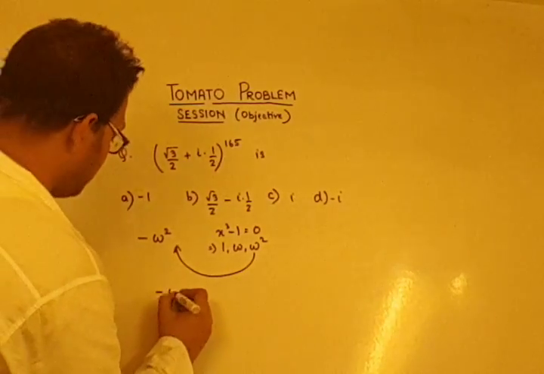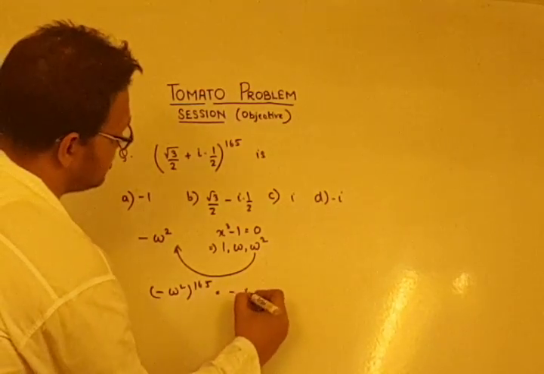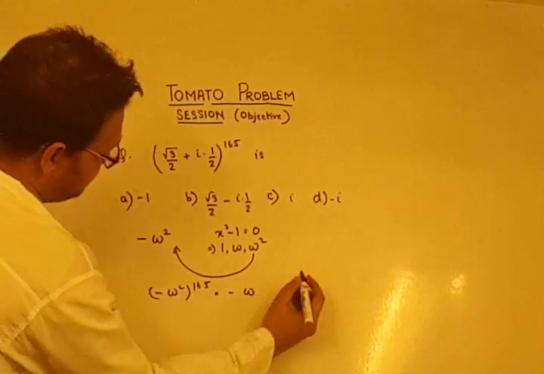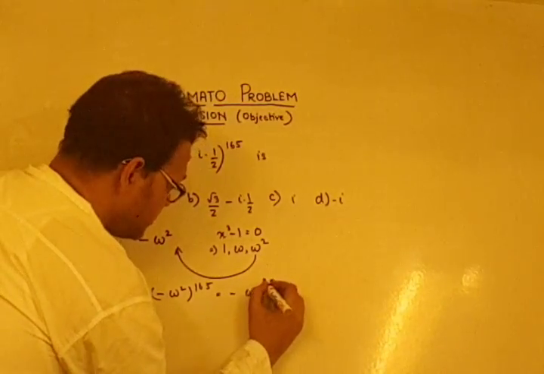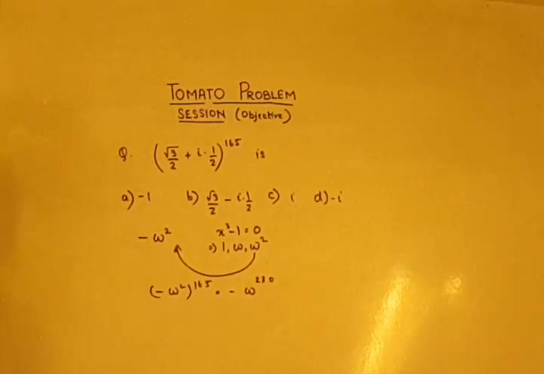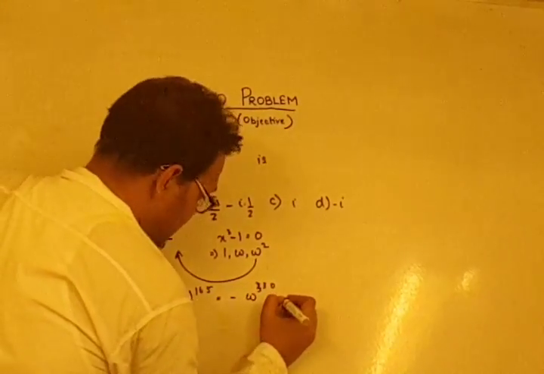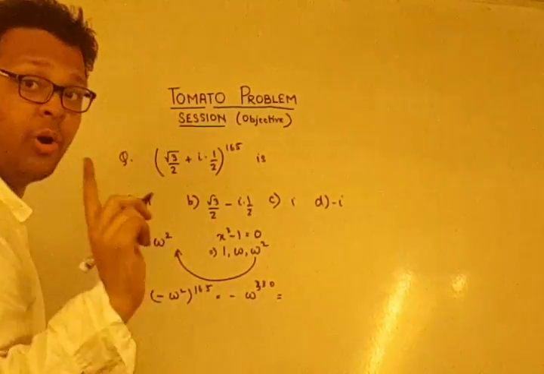So minus omega squared whole power 165 gives minus omega to the power 330.